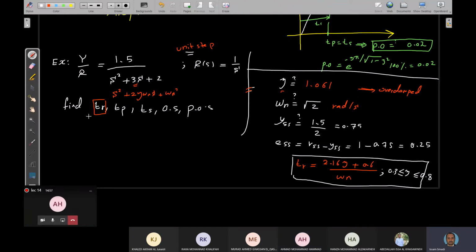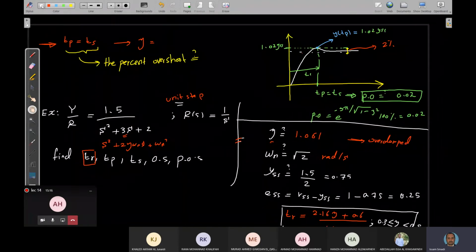Okay. So now what I end up having to do, I need to evaluate it, correct? From our understanding of the rise time, which is the time needed for the response to go from 0.1 y steady state to 0.9 y steady state.